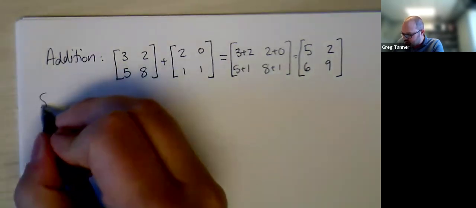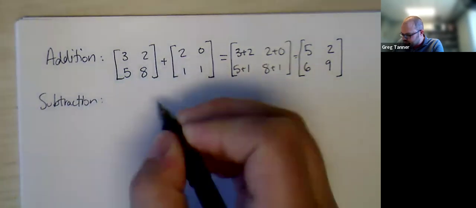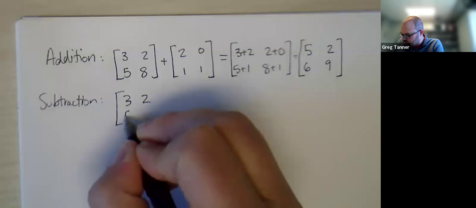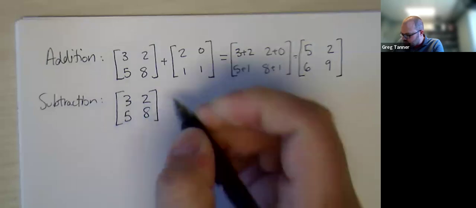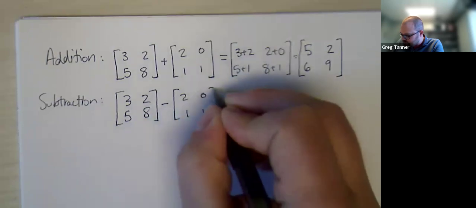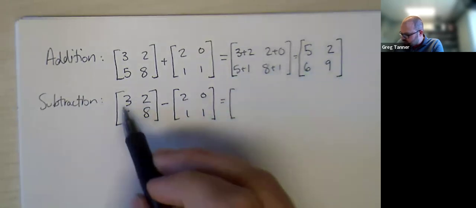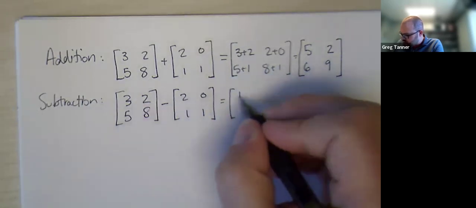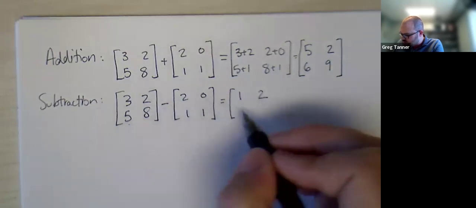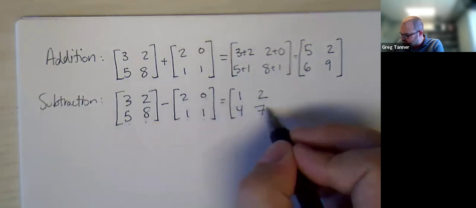Matrix addition is nice. Subtraction works the same way, where I would just subtract corresponding entries. And so that will give me 3 minus 2 is 1, 2 minus 0 is 2, 5 minus 1 is 4, and 8 minus 1 is 7.